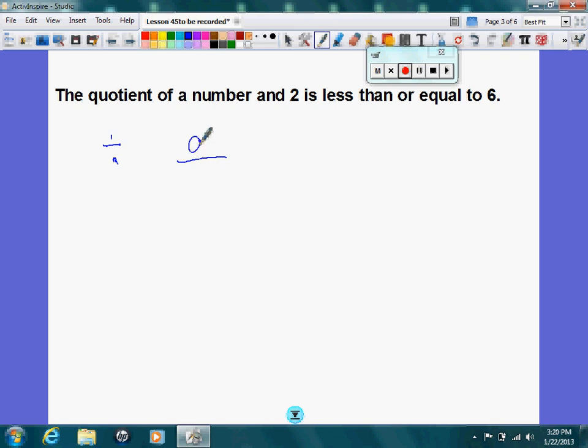It could be a. So a divided by 2 is less than or equal to 6. Now what was that symbol? Less than or equal to 6. So we've just translated this sentence in English into mathematical symbols and nomenclature.